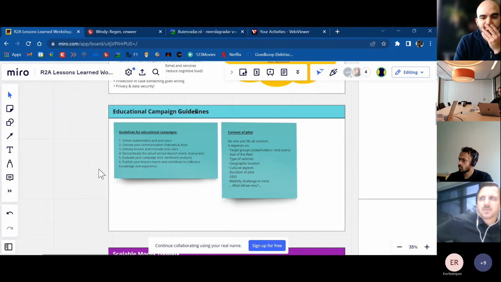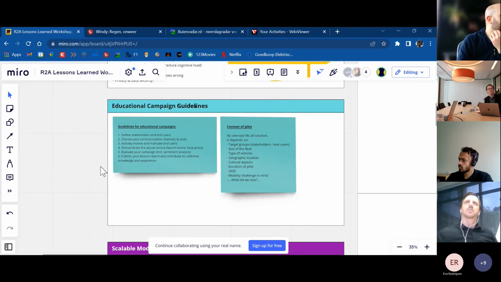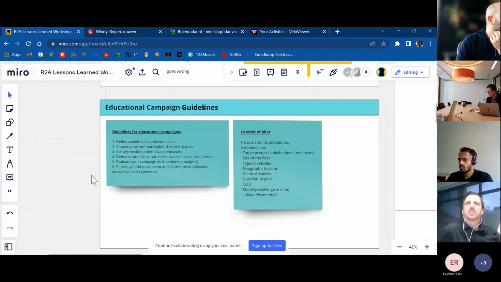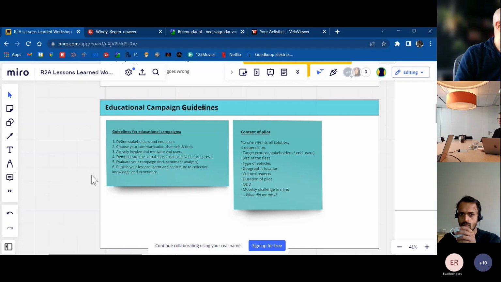Okay, then we'll go to the educational campaign guidelines part. Floris and I will rework the draft report that we circulated, and we will reimagine it, and we've come up with a different structure after some comments that we received from you.